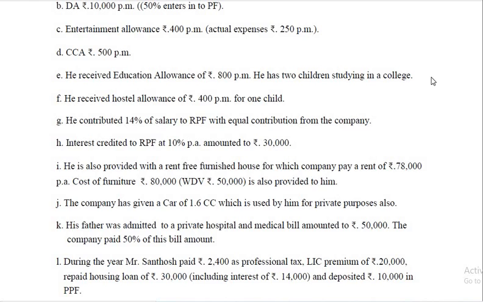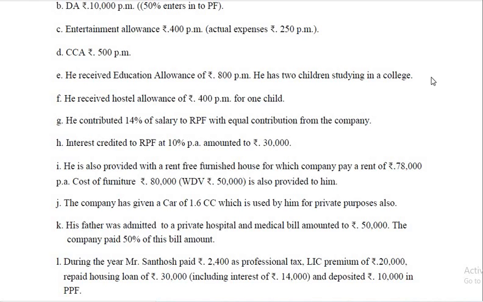At 10%, it is 30,000. So 1% means 30,000 divided by 10, so you will get 3,000. Half percent means 1,500. So 1,500 is taxable.